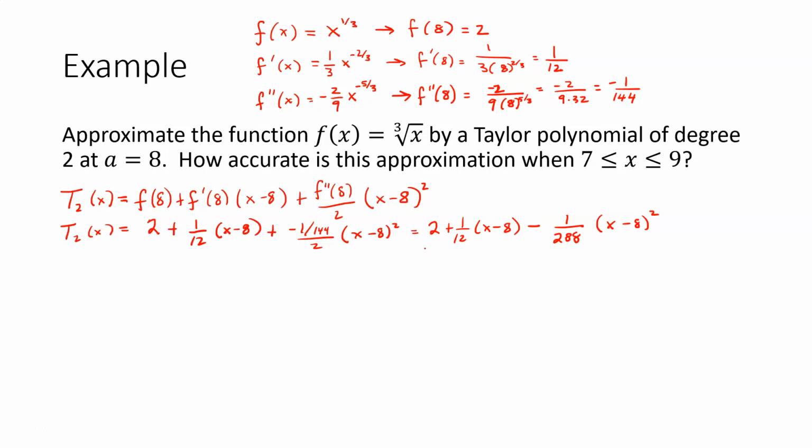So here is our second order Taylor polynomial, and it's approximating the cube root function. And so the question is now, if I were to put a value of x into this polynomial that's within a distance of 1 away from 8, in other words, in the range from 7 to 9, what can we say about how accurate this approximation is?